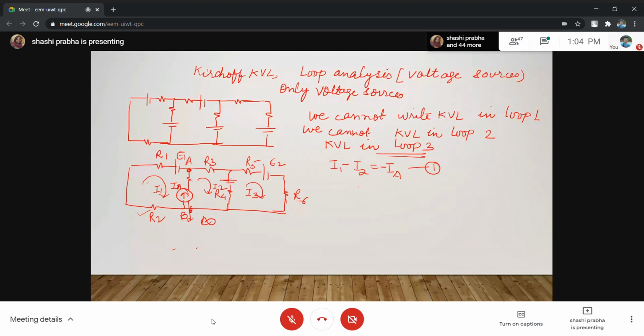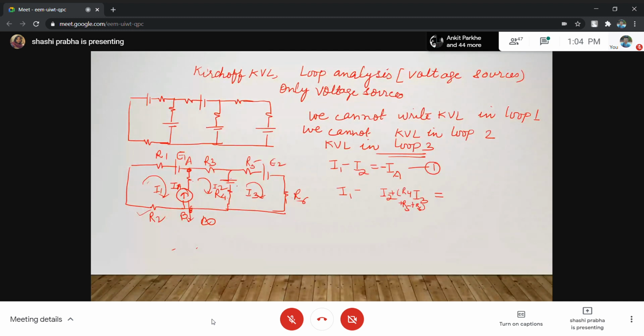Third loop equation. What is the equation of loop 3? I1, I2, I3 is equal to this. Loop 3 लिख रहे हैं. What is the coefficient of I3? R4 plus R5 plus R6, positive. What is the coefficient of I2?